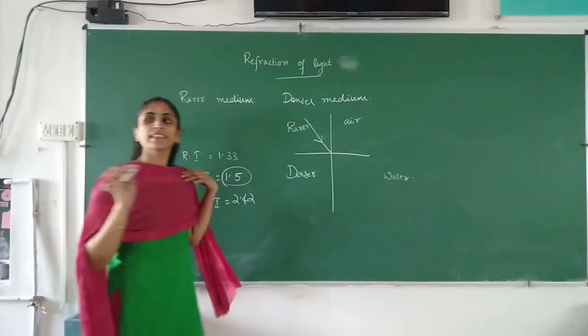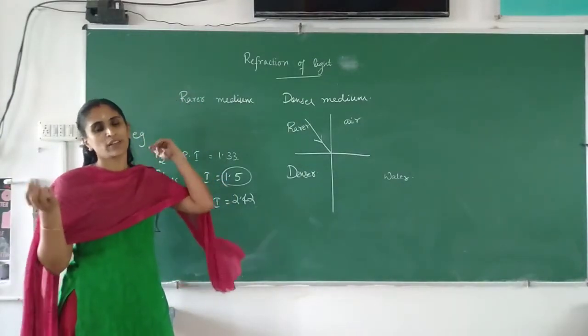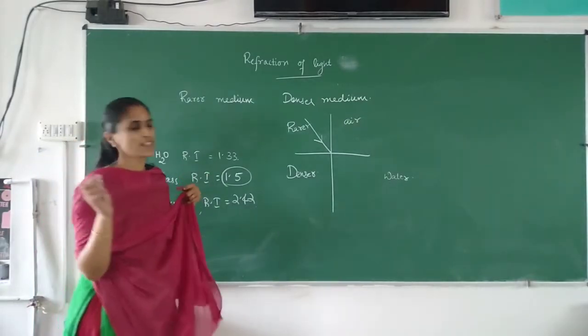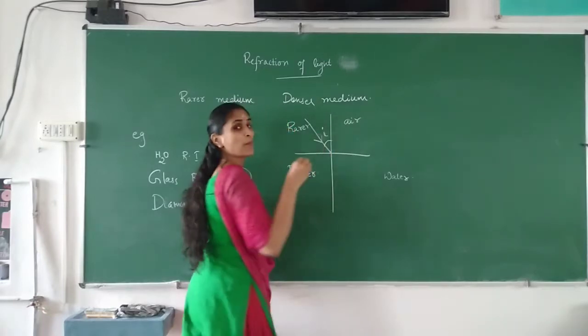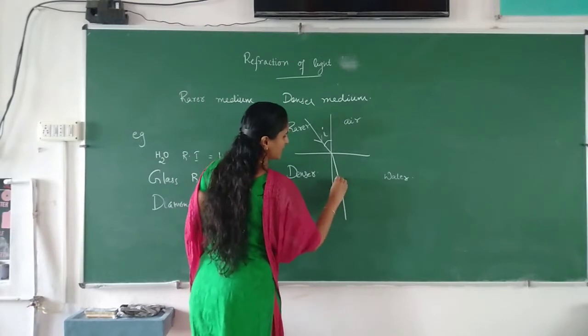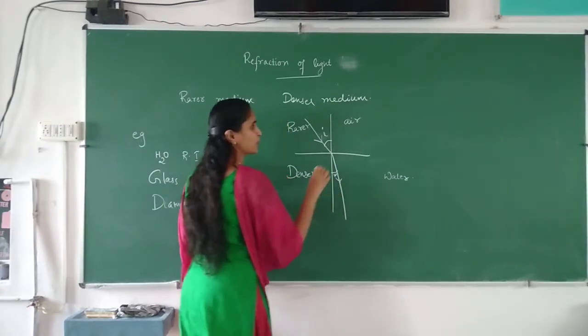When it is incident on the interface, no doubt it will be refracted, in such a way that the angle of incidence will be more than the angle of refraction. Or we can say that it will bend towards the normal.